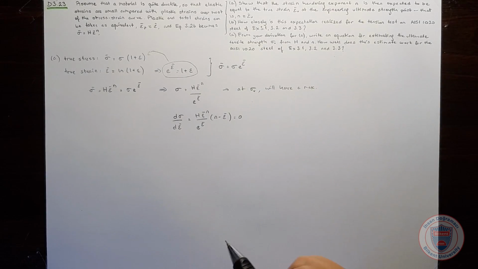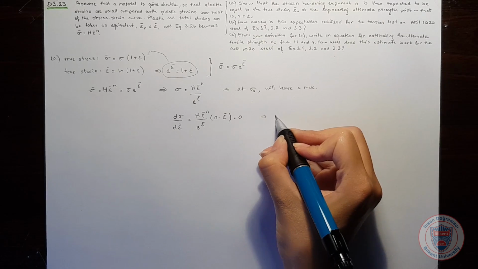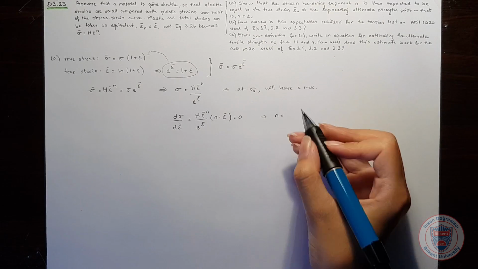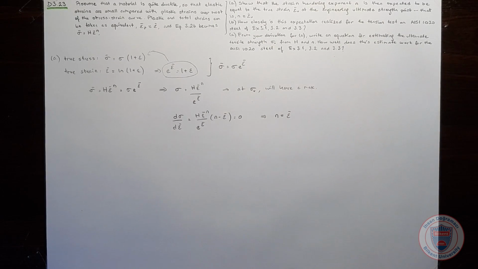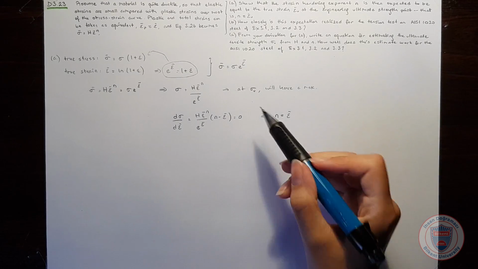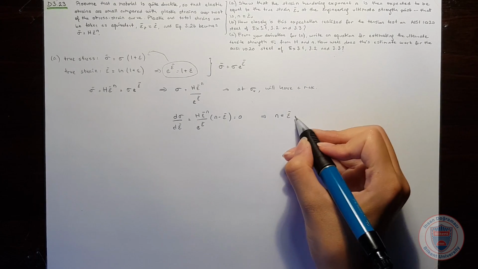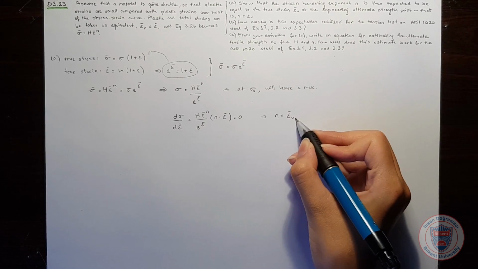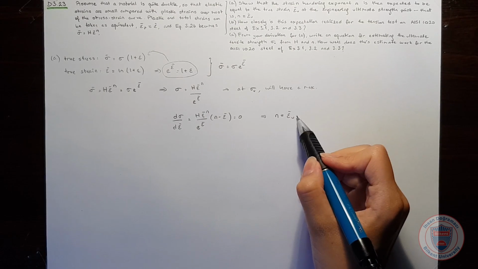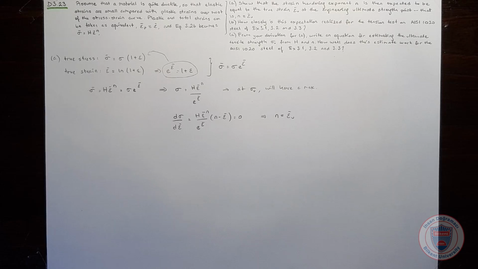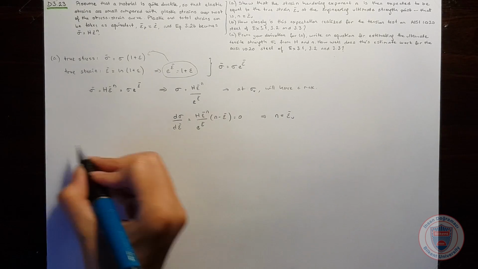To obtain 0, we can say that n should be equal to true strain. And since this is at the ultimate strength point, the true strain will be epsilon bar u. Now we can move to part B.